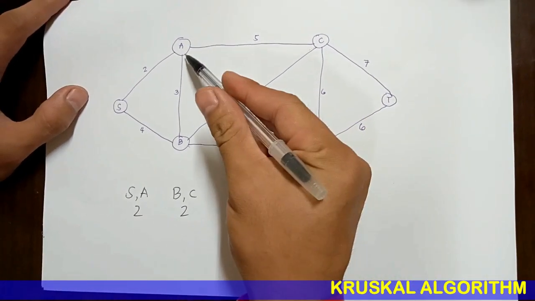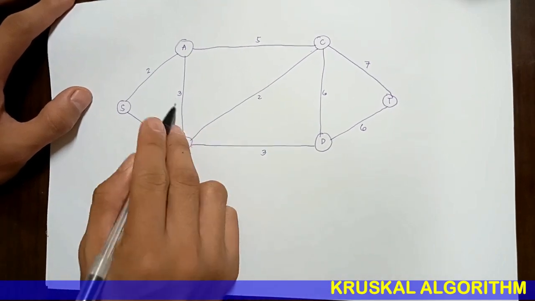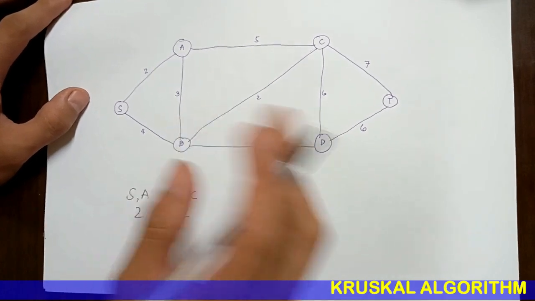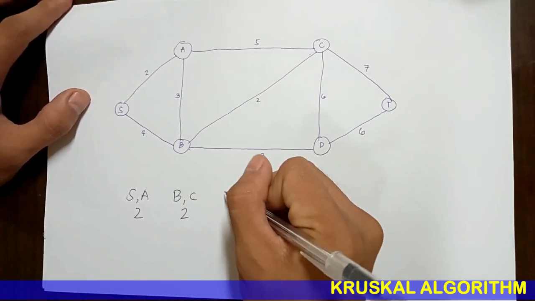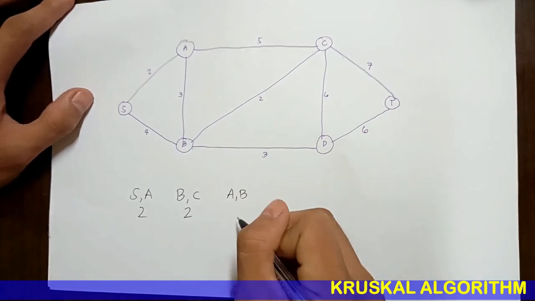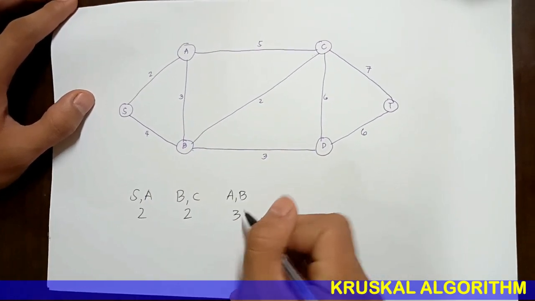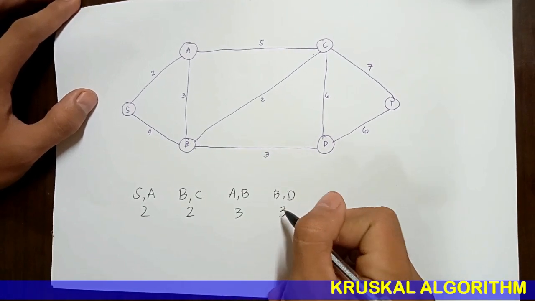Next, we also have the same weight cost in edges AB and BD, so either of the two again. We have edge AB and BD with the same weight cost of 3.